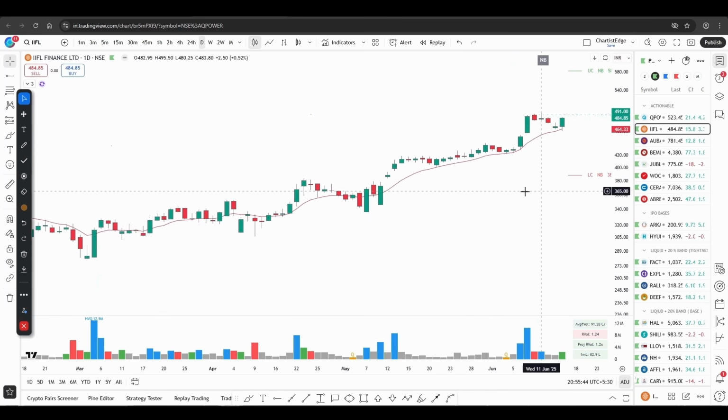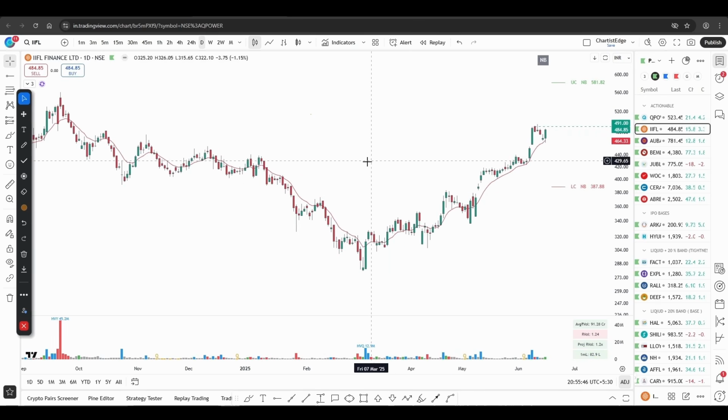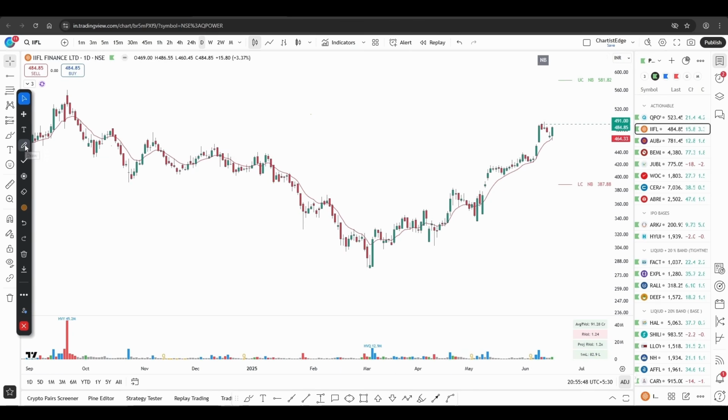Another example is IIFL, where the price looks like this, right? You can clearly see that during this breakout it was volatile, but during this breakout the contraction was clean.